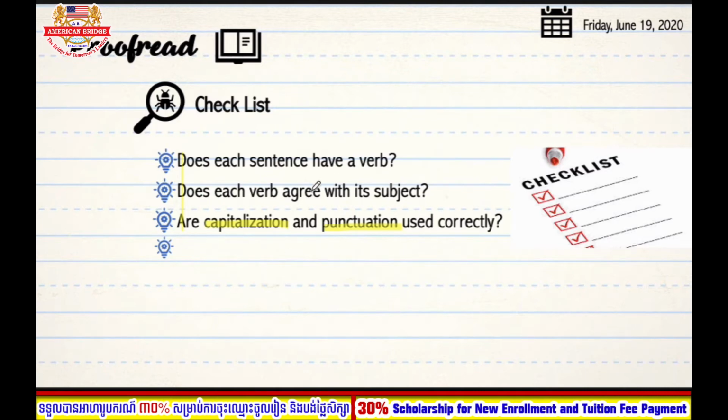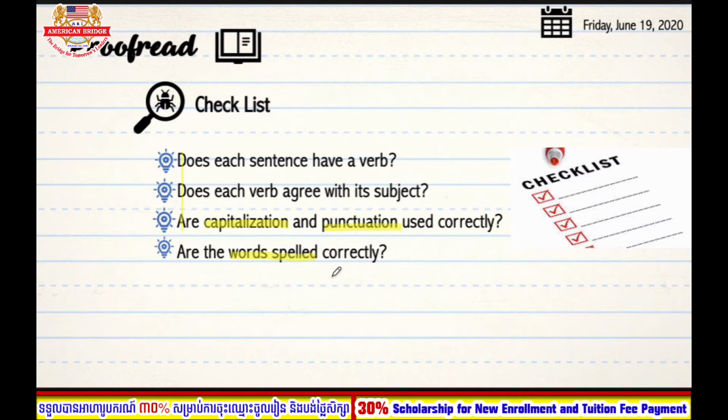Last but not least, when you revise your paragraph, make sure to check the words. Okay, so as I presented to you in the previous video, spelling is important. Your teacher can deduct your score if you misspell a lot of words. So spell the words correctly, but we are humans, we are not perfect, so mistakes can occur.